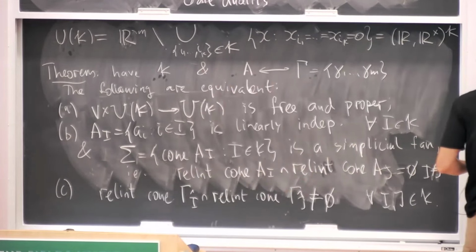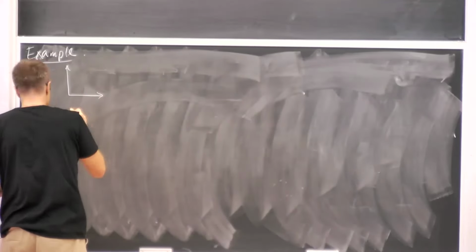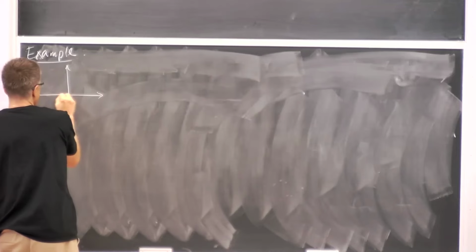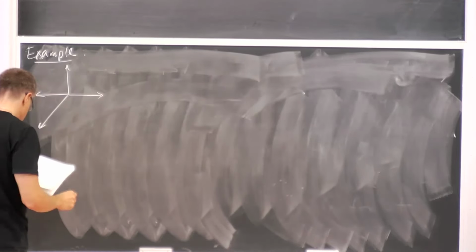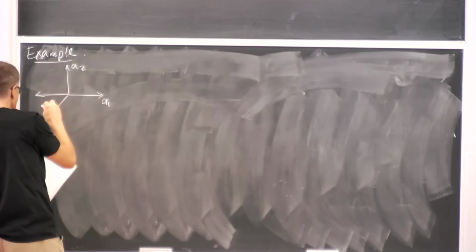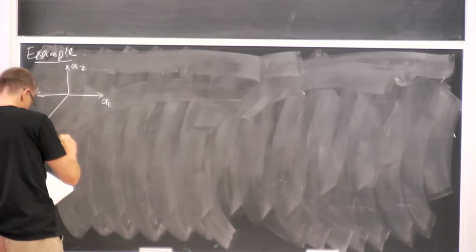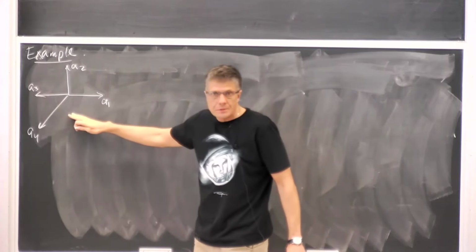So you have this fan, which is familiar to people doing toric geometry. It's a fan of the two-dimensional Hirzebruch surface. So it's A1, A2, A3, and A4. This is a complete two-dimensional fan, right?